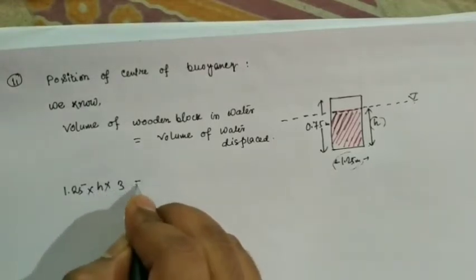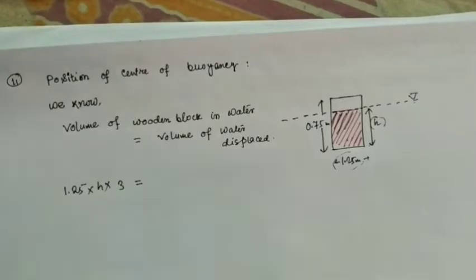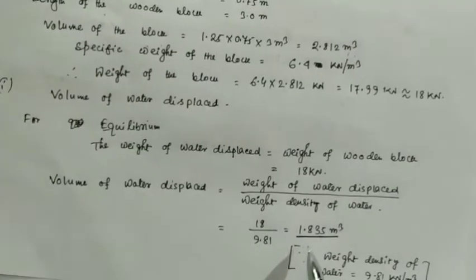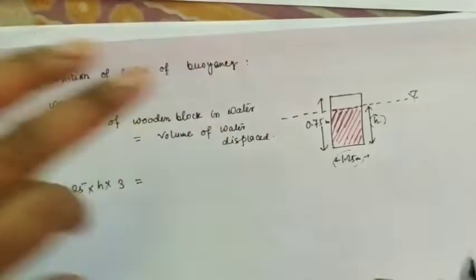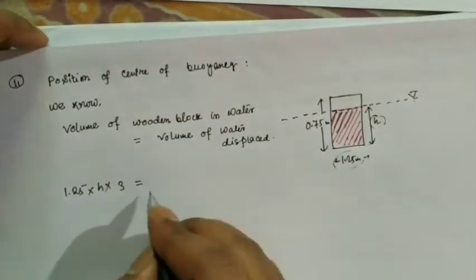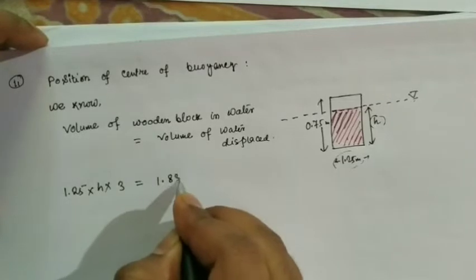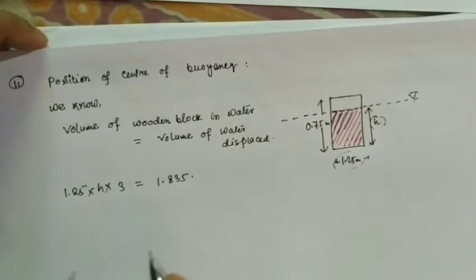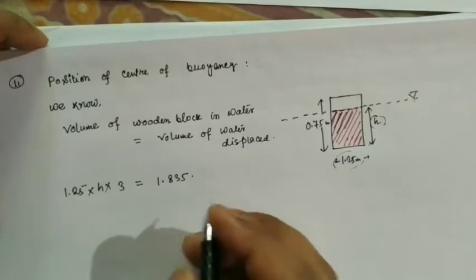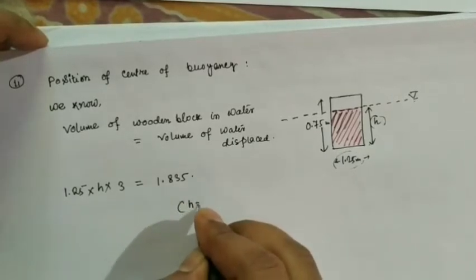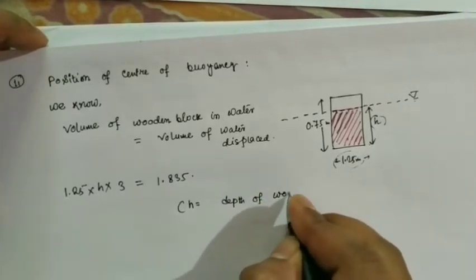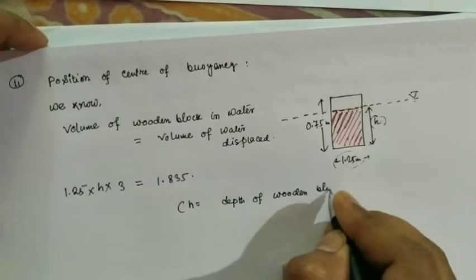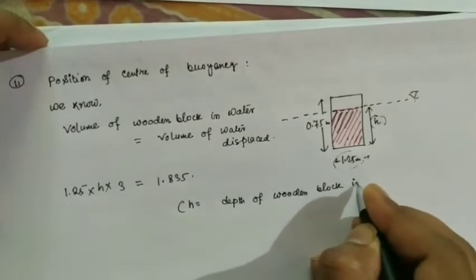It will be equal to the volume of water displaced, which is 1.835 meter cube. So here H is nothing but the depth of the wooden block in water.